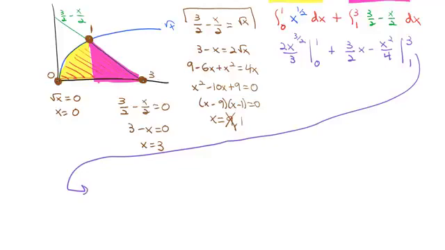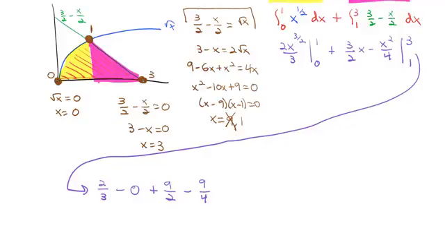So first, plugging 1 in to x to the 3/2 gives us just 2/3. Minus, plugging 0 in gives us 0. Plus, plugging 3 in, 3 times 3 is 9/2. Minus 3 squared is 9/4.